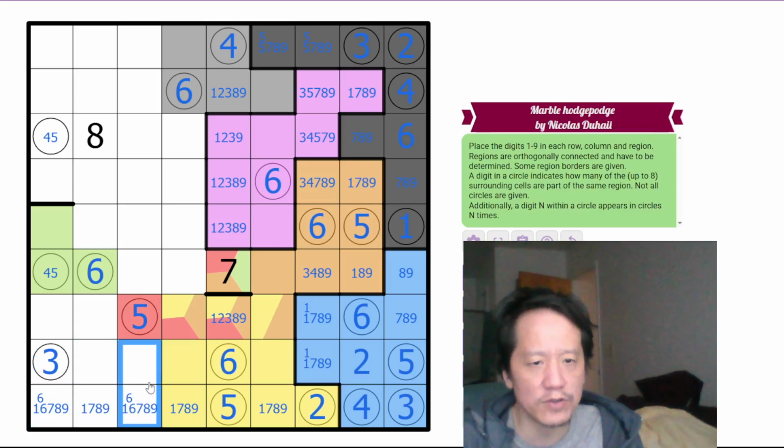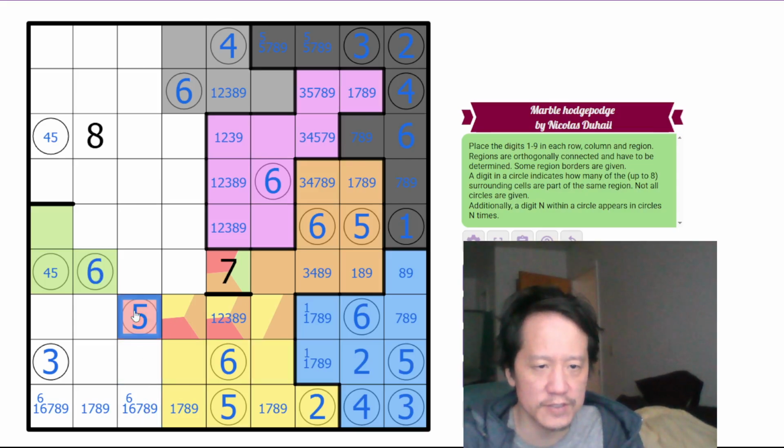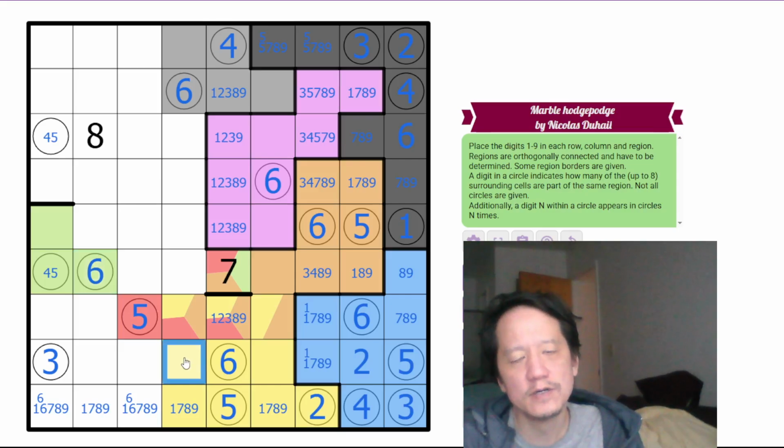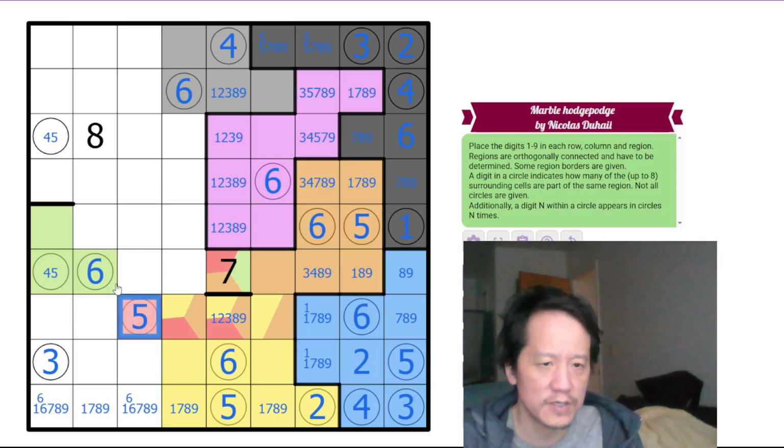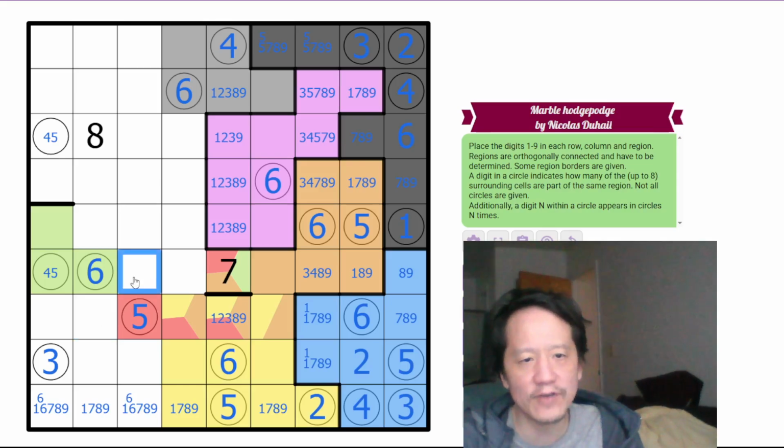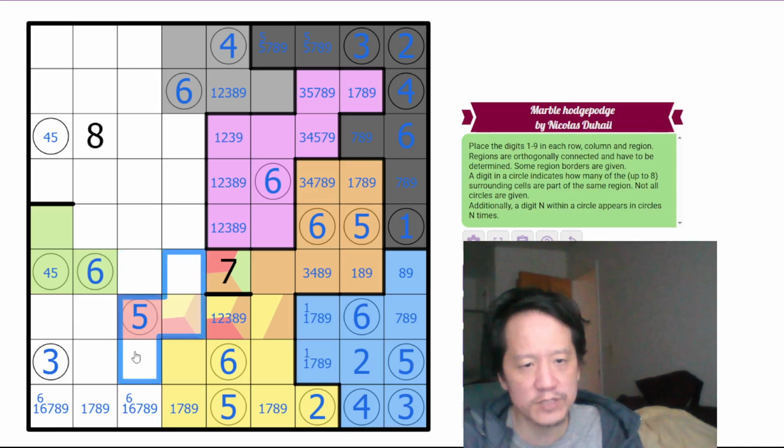Yellow, obviously only one of these is yellow. Therefore, this is separate from that. Well, we only have 6 spaces left, and one of these 2 must be a green, right? Because this is not a green space, so that's 7 spaces left here. So it has to be all of these, and it has to have at least 1 green here. Since one of these is green, the rest must be red.